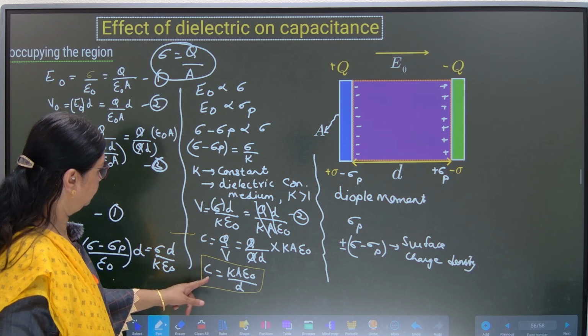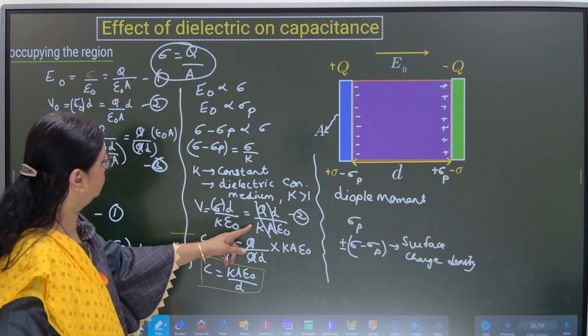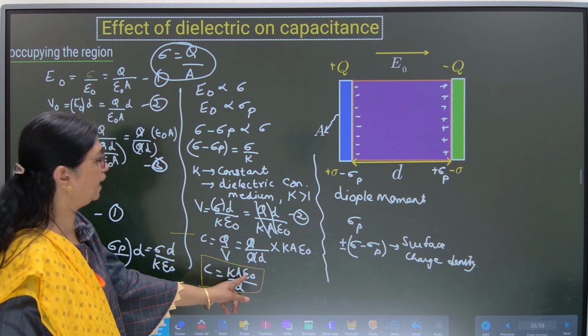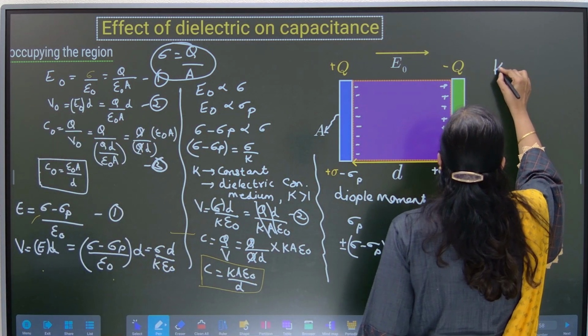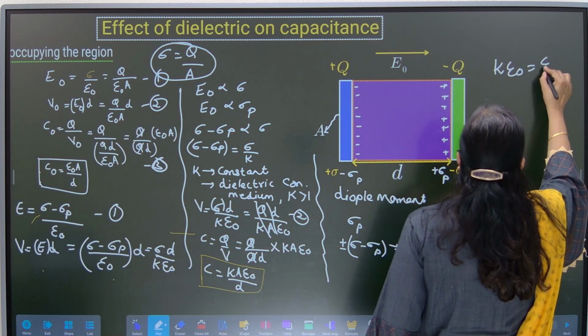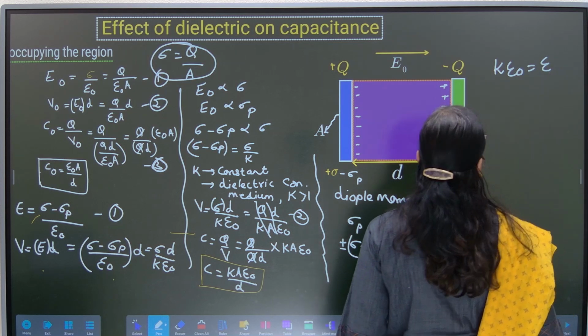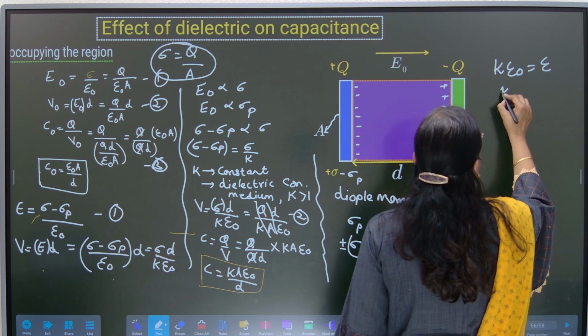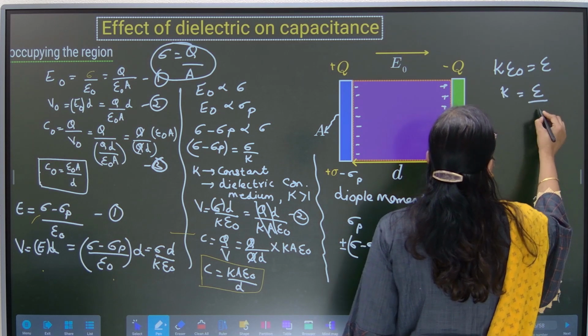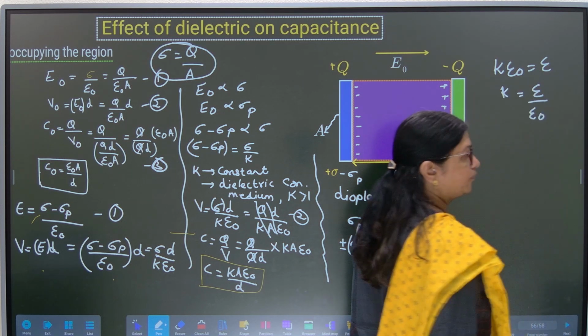Now let me elaborate here, where K epsilon naught we can write as the permittivity of the medium itself, such that K is equal to epsilon by epsilon naught.